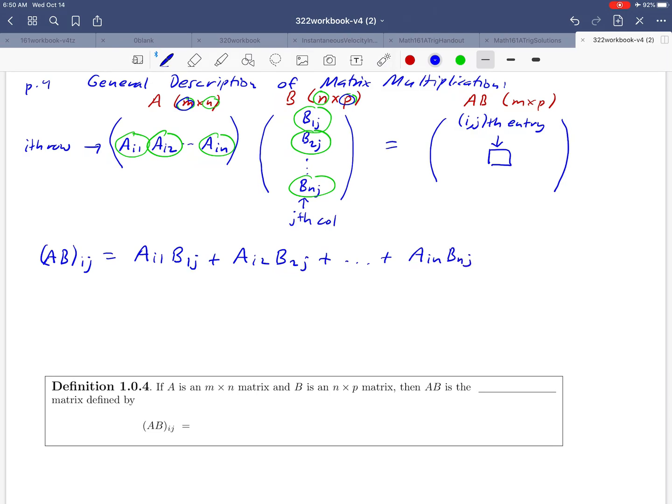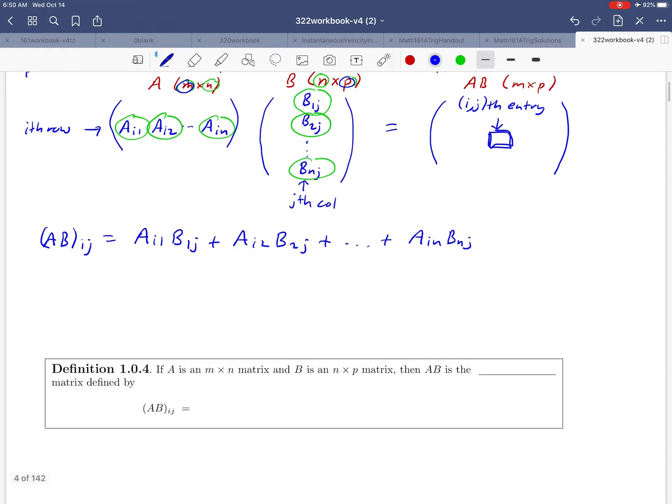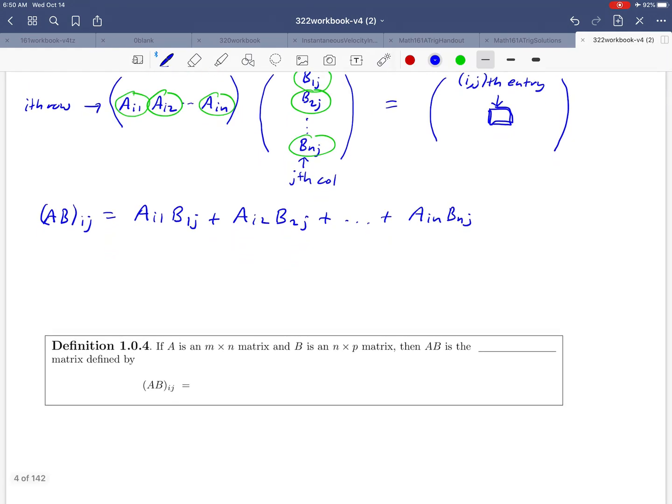Okay, and there's our description of how we find that entry in the ith row and the jth column of AB. Let's just first emphasize that this was the entry that we were looking for.